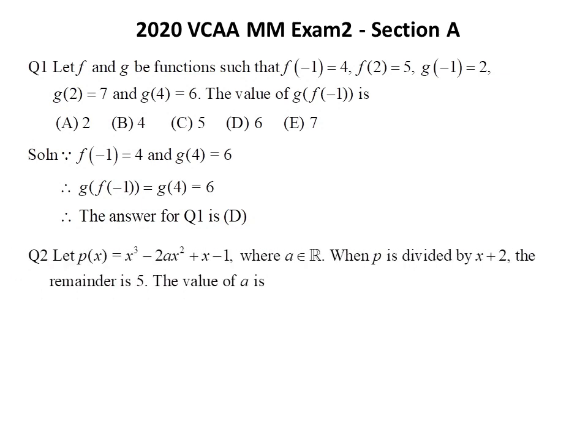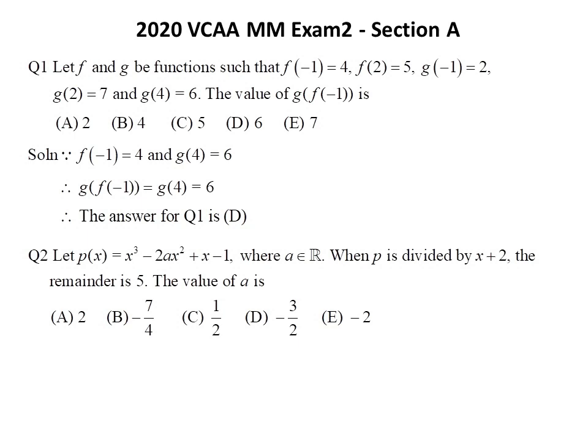Question 2 gives a polynomial cubic function p of x equals x cubed minus 2a x squared plus x minus 1, where parameter a is a real number. When p of x is divided by a linear factor x plus 2, the remainder is 5. The question is to find the value of a.